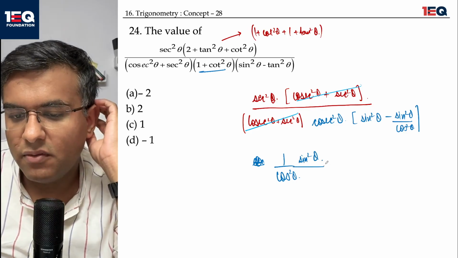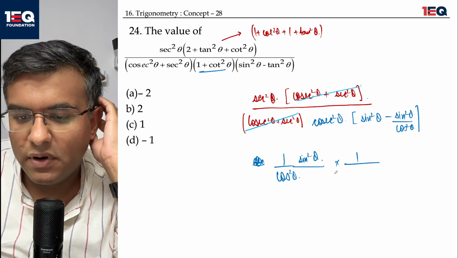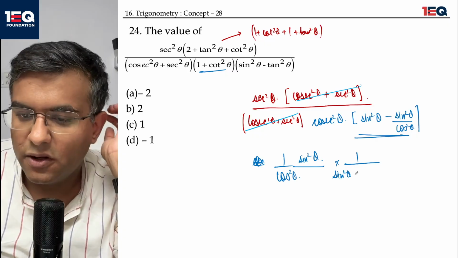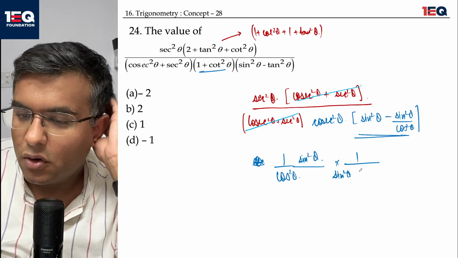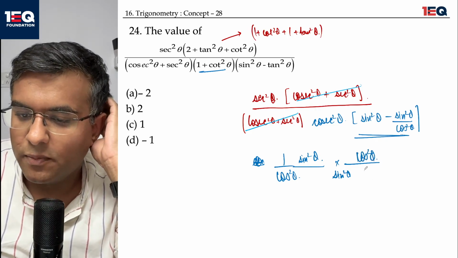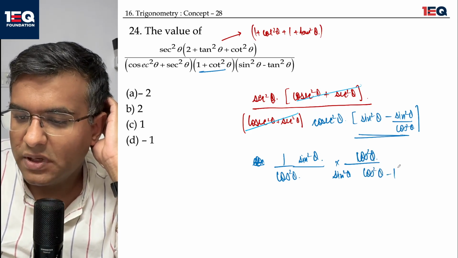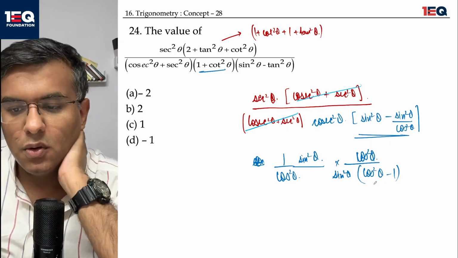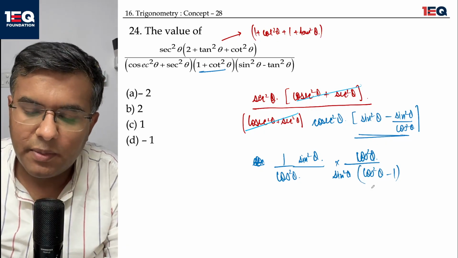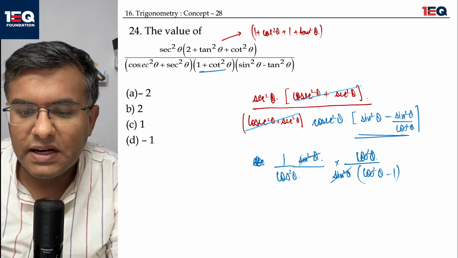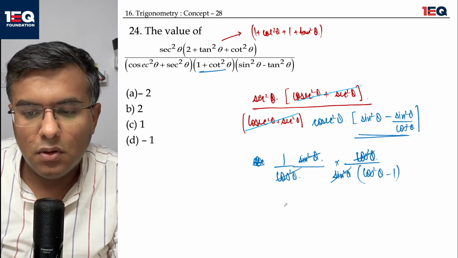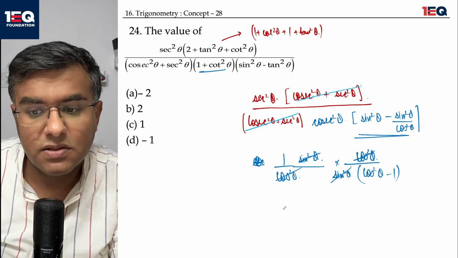And here I would take sine square theta common from this bracket, and I would be left with cos square theta minus 1, with cos square theta going up. So the sine square theta is getting cancelled out, the cos square theta is also getting cancelled out. Now, what would the cos square theta minus 1 be?